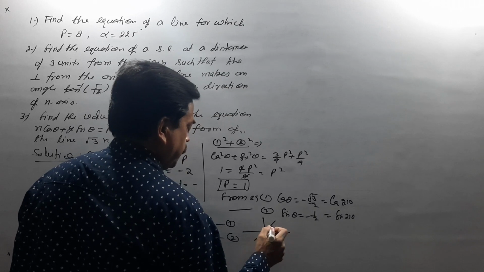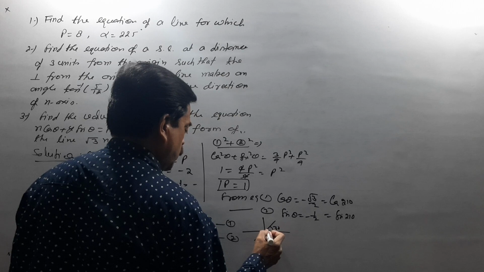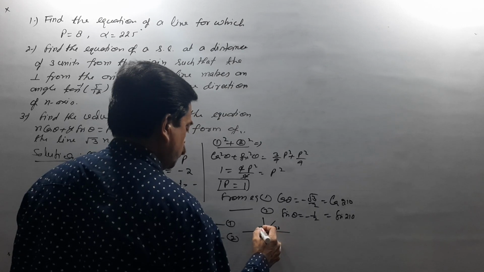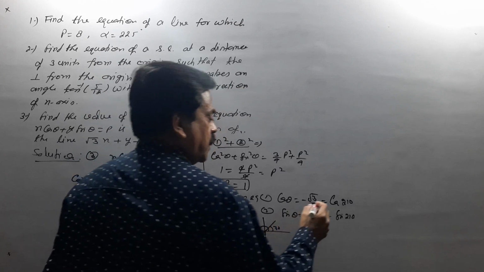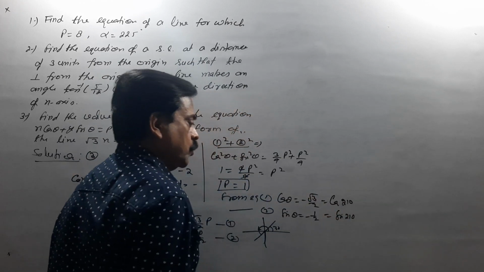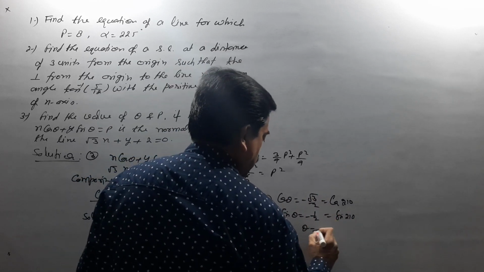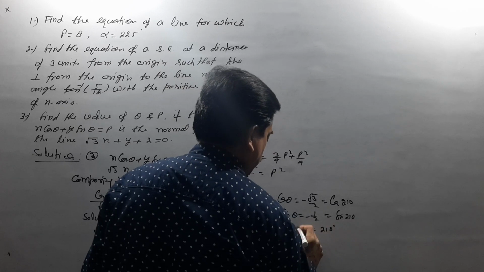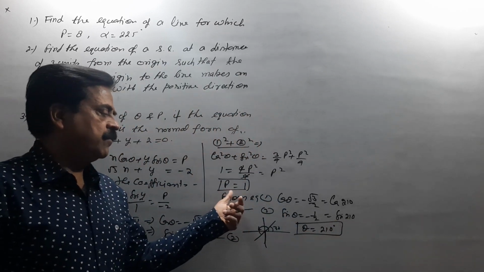If this is the line, suppose this angle is 30 degree, then this whole angle from this to this point is 210, and 210 degree means cos 210 is minus root 3 upon 2, and sin 210 is minus 1 by 2. So theta is 210 degree. This is the required angle theta, and the required value of p is 1.